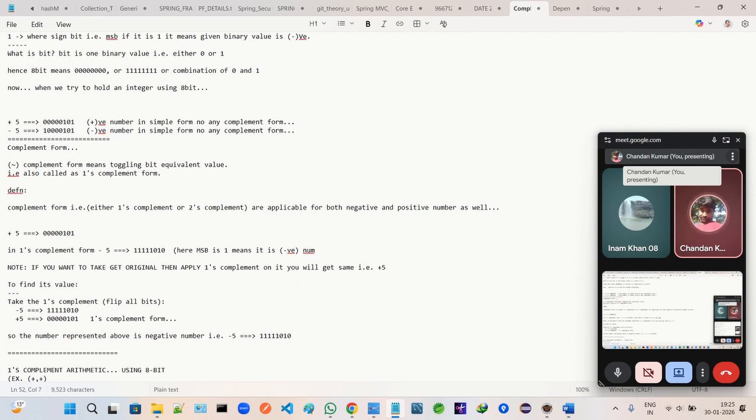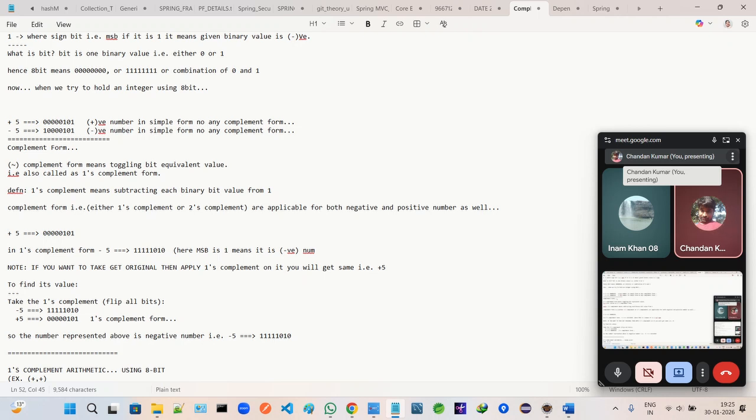Next definition, what can we say? One's complement means subtracting each binary bit value from 1.